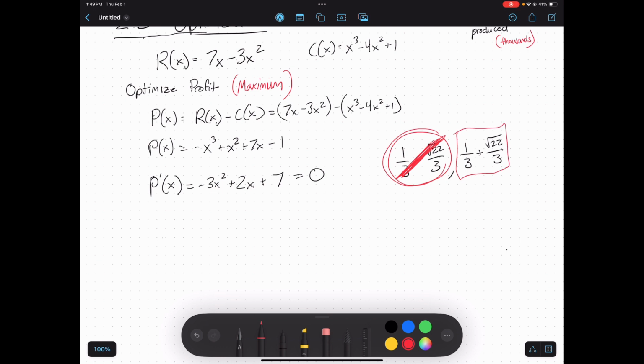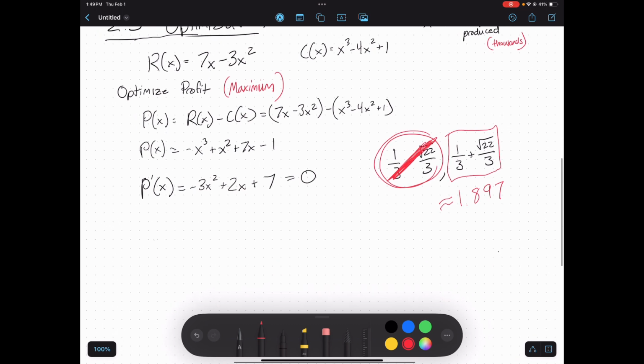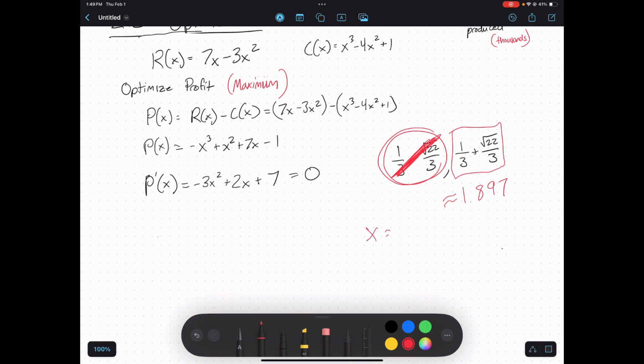This ends up being about 1.897. And once again, this is in thousands, so this means me producing 1,897 products. Okay.